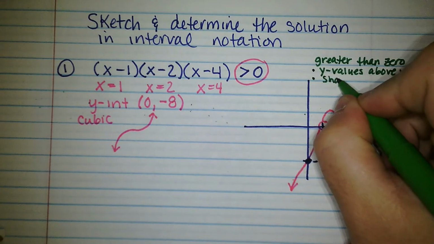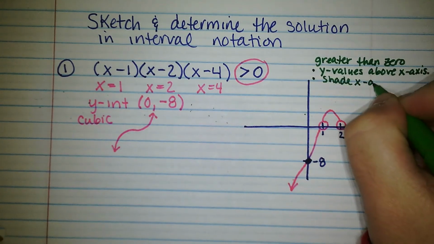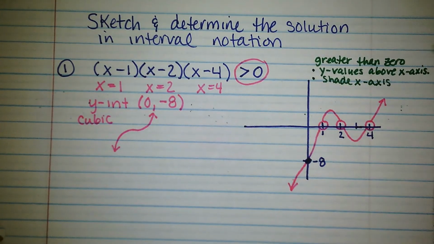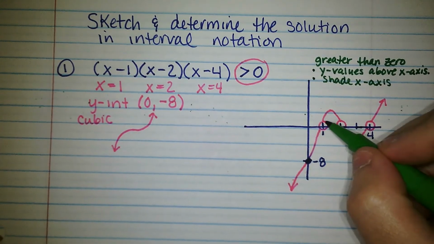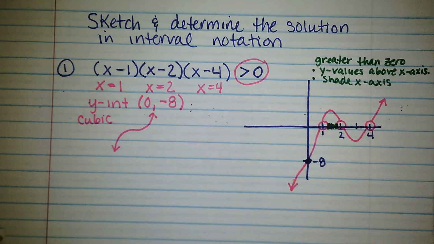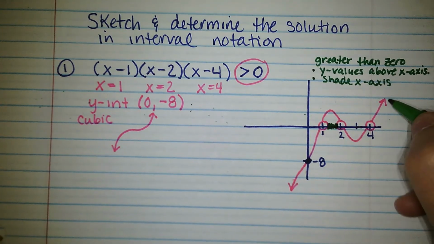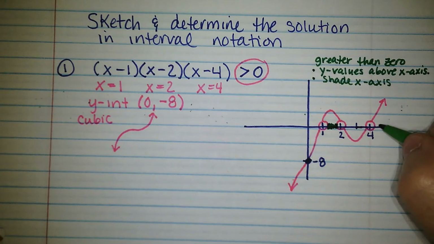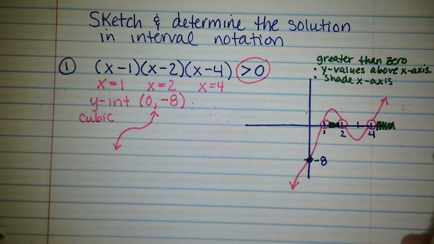So shade the x-axis where this happens. So I'm looking for above the x-axis, and that's going to occur between 1 and 2. That is above the x-axis. It's also above the x-axis up here after the 4. And because it's after the 4, that's going to be an infinity.